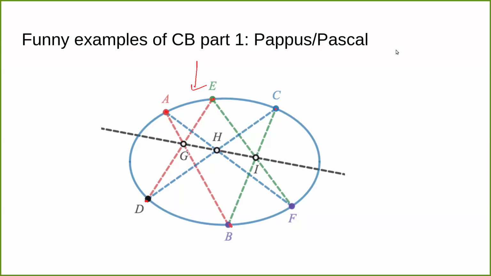So do you guys have any ideas? Remember, you can define a cubic as either 3 lines, a line and a conic, or just a cubic. So do you guys have any ideas on this?